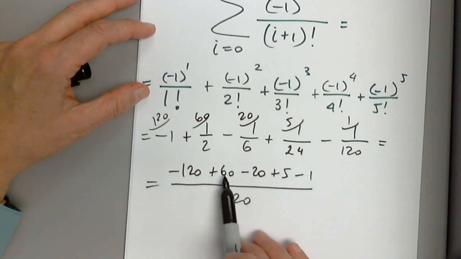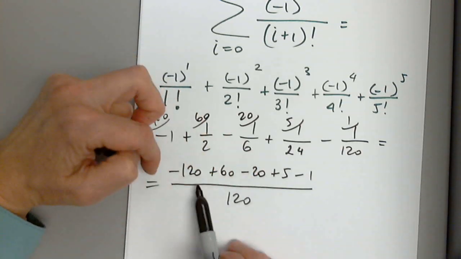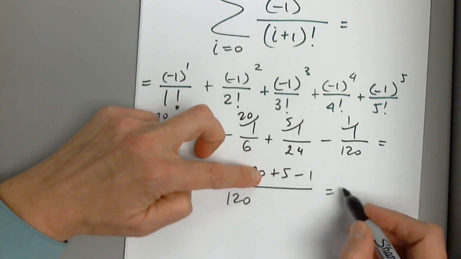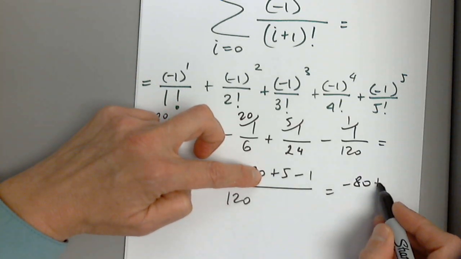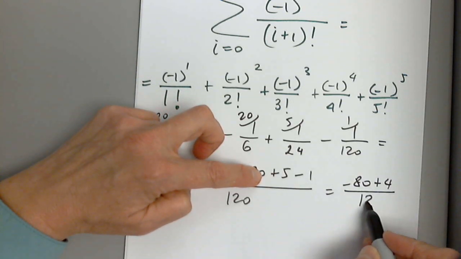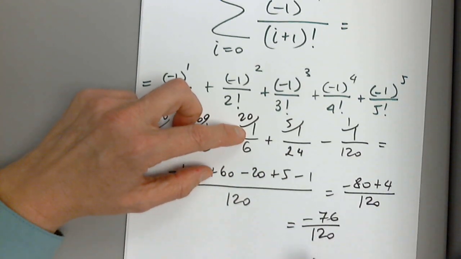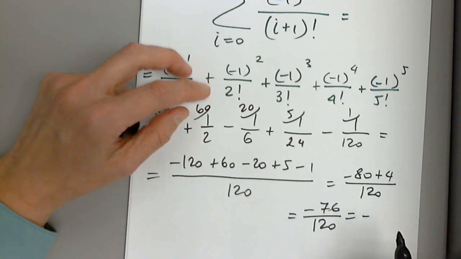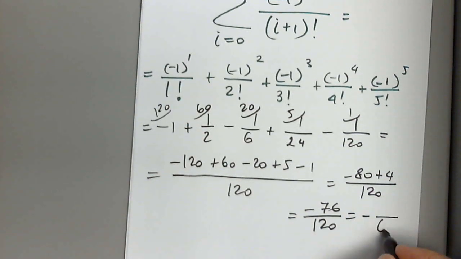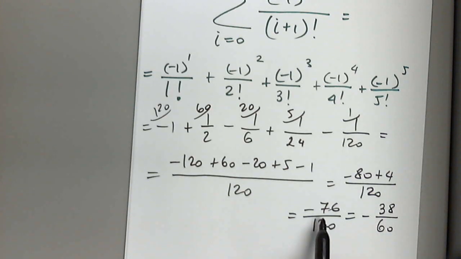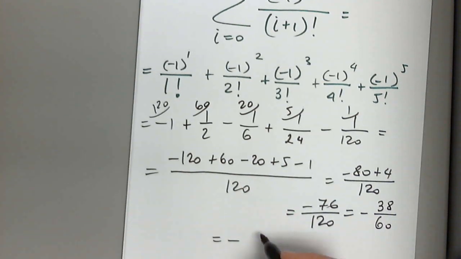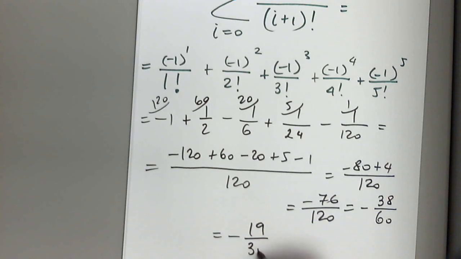So this is 40, negative 80, and then plus 4 over 120. So negative 76 over 120. If I simplify by 2, this is 38 over 60, and if I simplify by 2 again, this is negative 19 over 30.